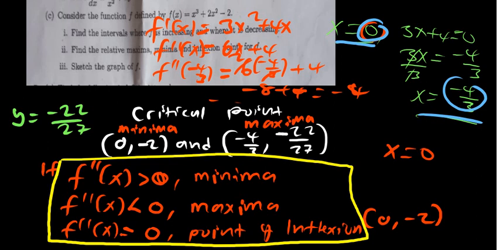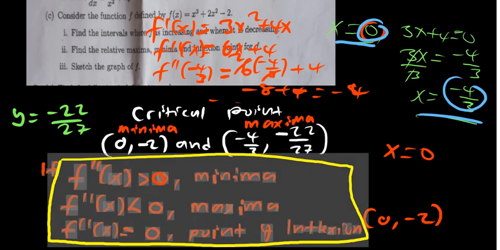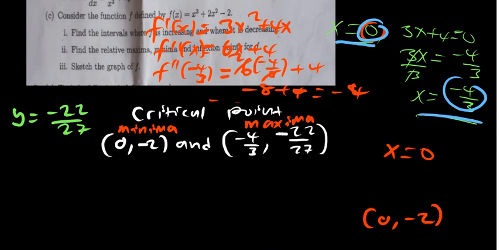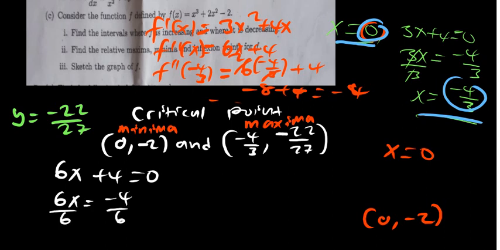Is that okay? Our second derivative, let me just get rid of this. Our second derivative is 6x plus 4. Equate it equal to 0. So for x, shift this to the other side. We can clearly see that we are going to have 6x is equal to negative 4. Divide both sides by 6. x will be equal to negative 2 over 3.